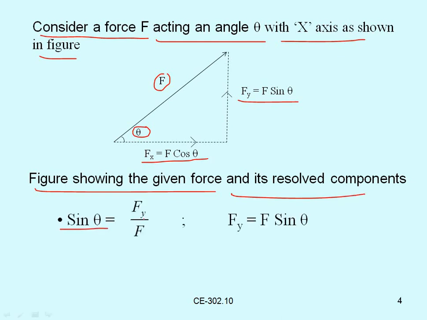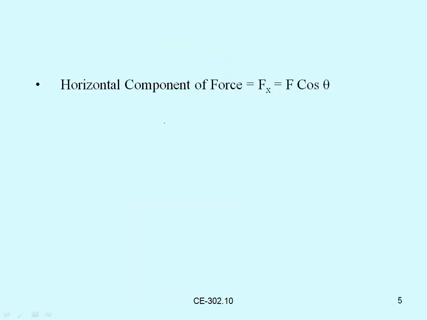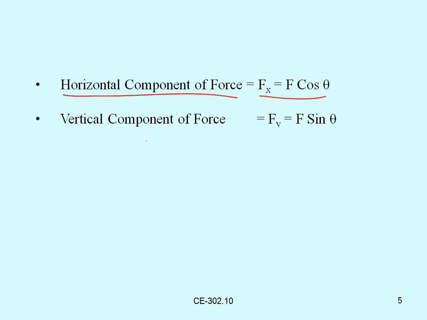Since sin theta is equal to Fy by F, therefore Fy is equal to F sin theta. And cos theta is equal to Fx by F, therefore Fx is equal to F cos theta. Horizontal component of force Fx is equal to F cos theta.